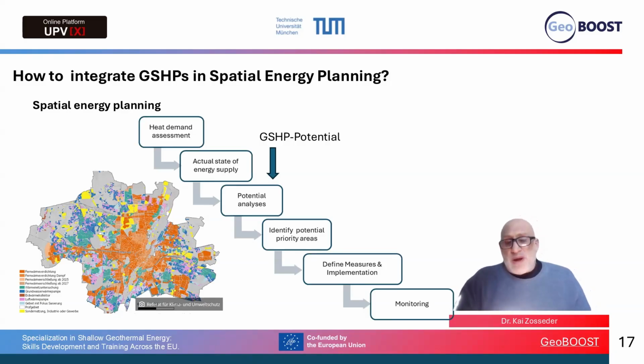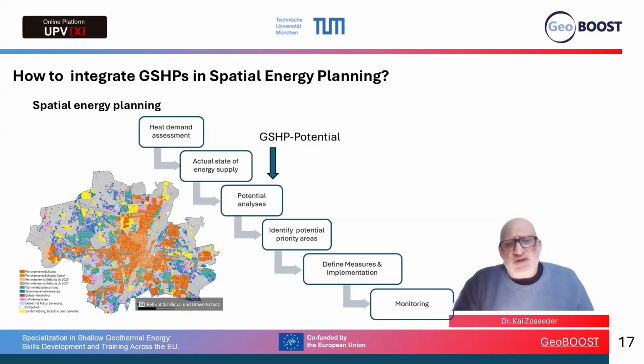So to make this change to renewables, you have to assess also the potential of the renewable sources. In this case, also the potential of shallow geothermal. What do you have available here in the area of interest?